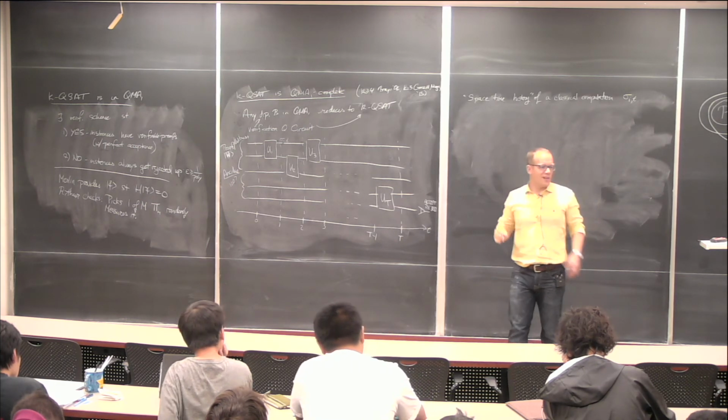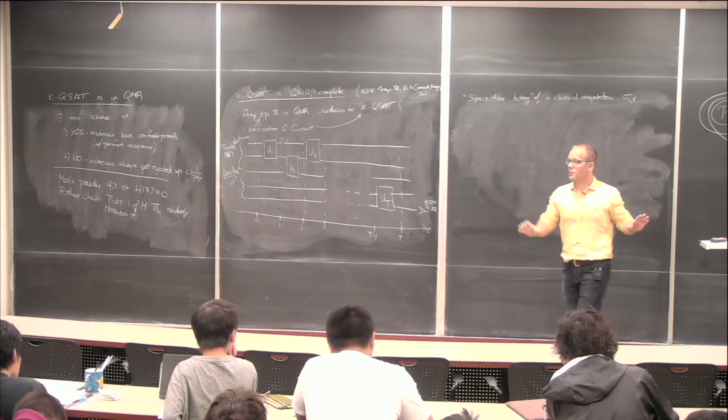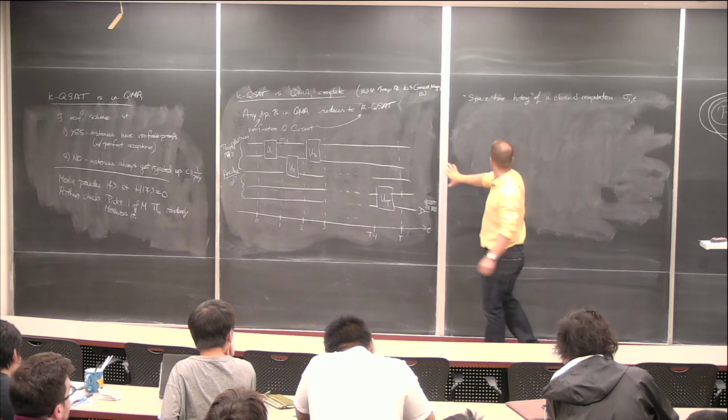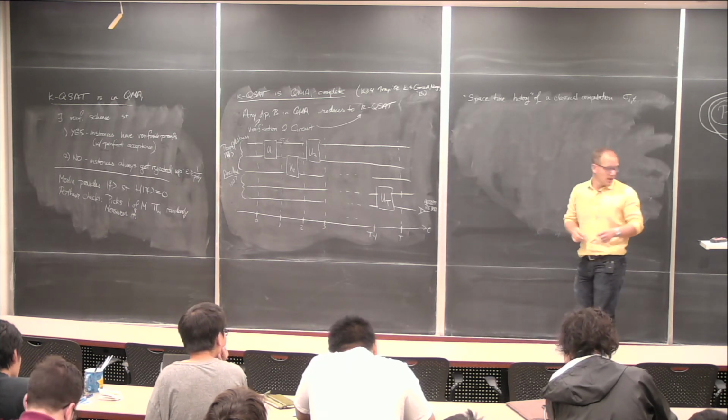And if they didn't satisfy the gates, it was an invalid history, but that was one way to think about it. I had a full set of these variables, and that gave me a history of the computation.